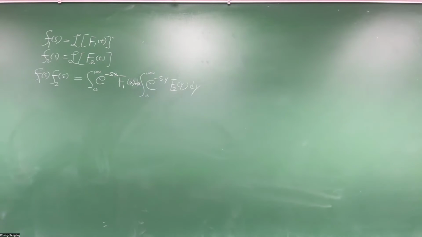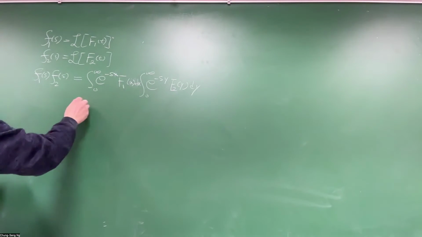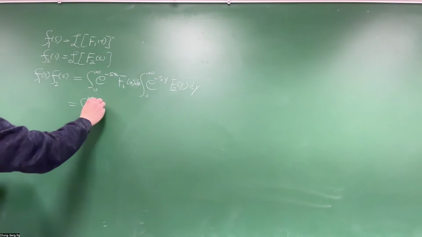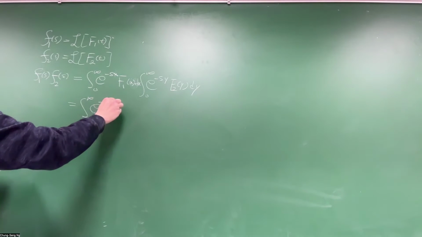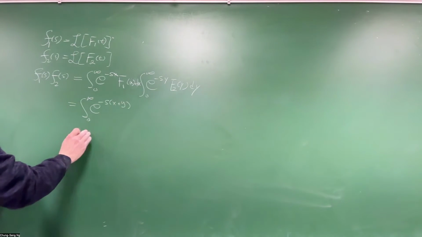Now the idea is you combine the two exponentials first. Infinity, e to the minus s times (x plus y).